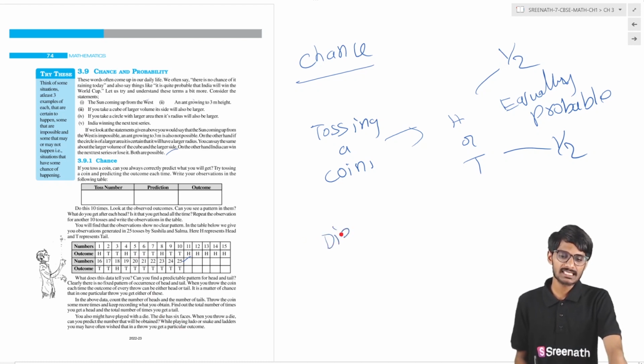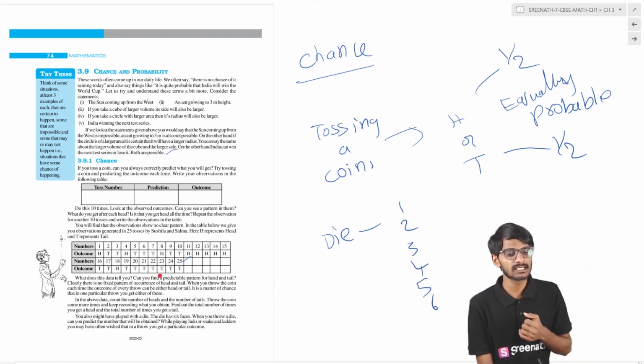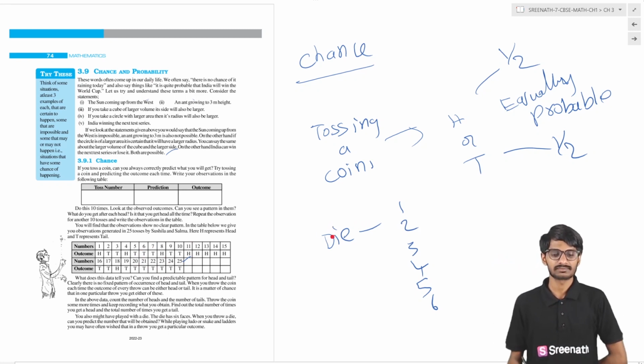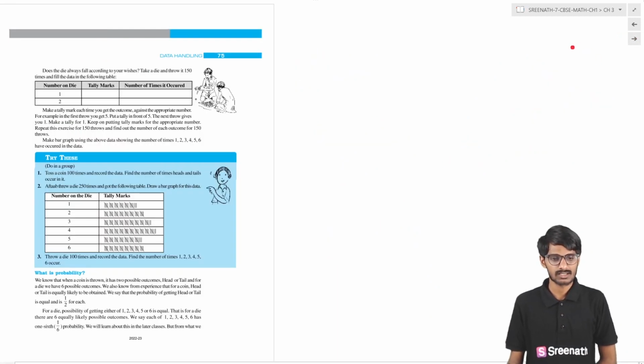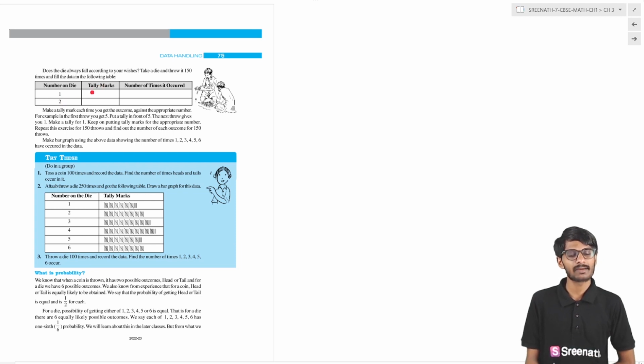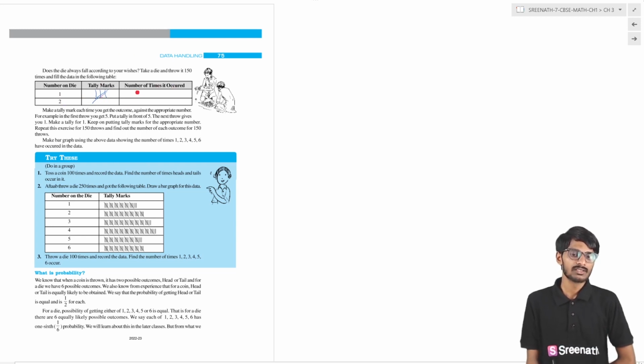In the same way, consider a die. It has 6 faces, so it gives 6 values. Repeating this type of experiment for the die, you can't tell which has the most chance. You write the numbers on the die, 1, 2 and so on, with tally marks, counting how many times each has occurred, say 3 or 4 times.